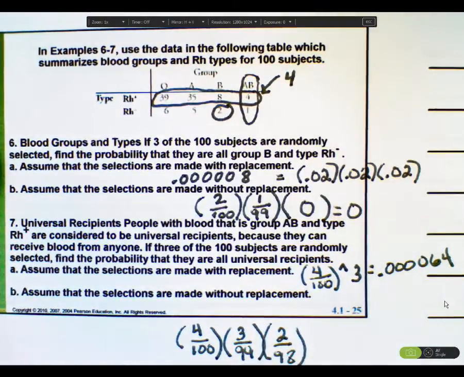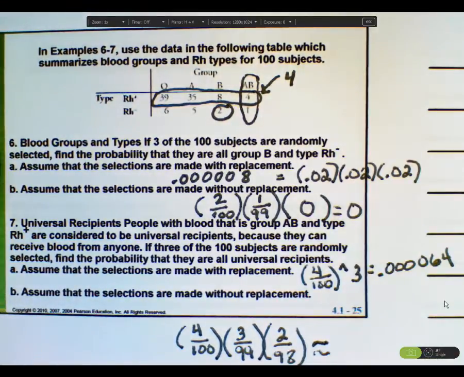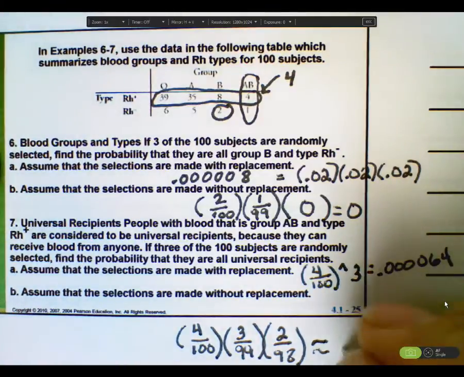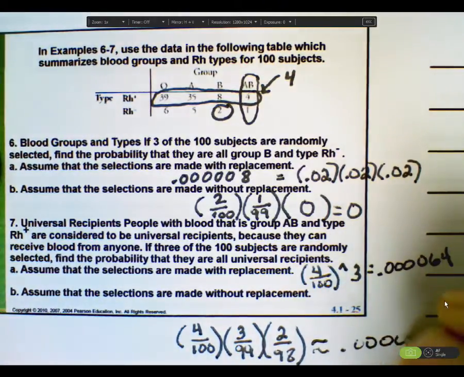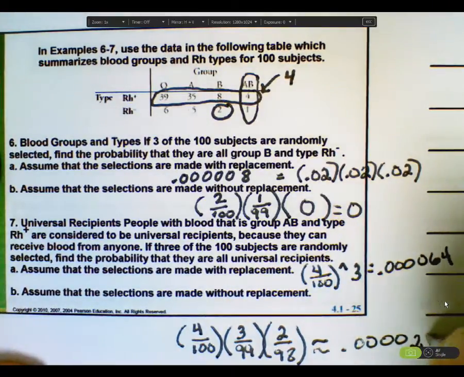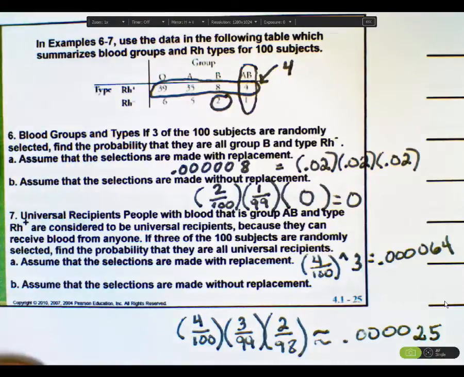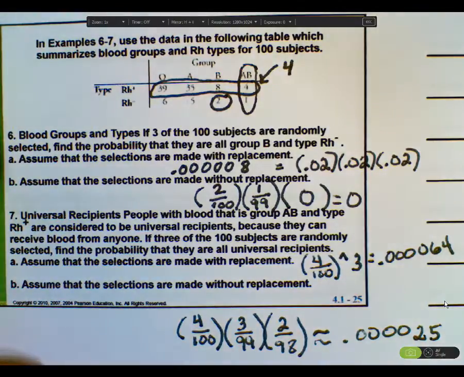Now, I've already punched those on the calculator, and I know that that probability is 0.00025. I'm not sure how many zeros I said, but I meant 4 zeros and then 25 after those zeros to the right of the decimal.